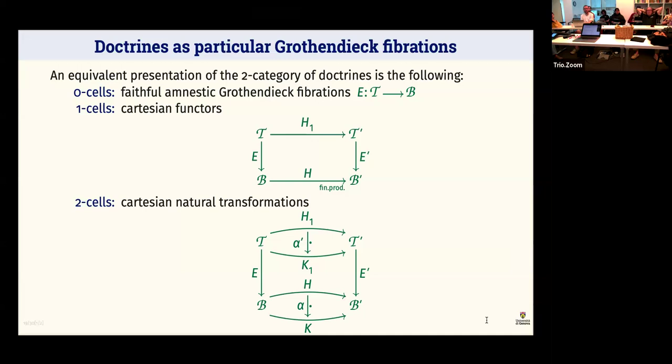So given a doctrine, one turns it into a Grothendieck fibration by using the same category, but on the other side, and generating an appropriate category T with the functor, which is a Grothendieck fibration with all these things. And the two category, which I had on the previous slide, turns out exactly the one you were hoping for, I hope. Yes.